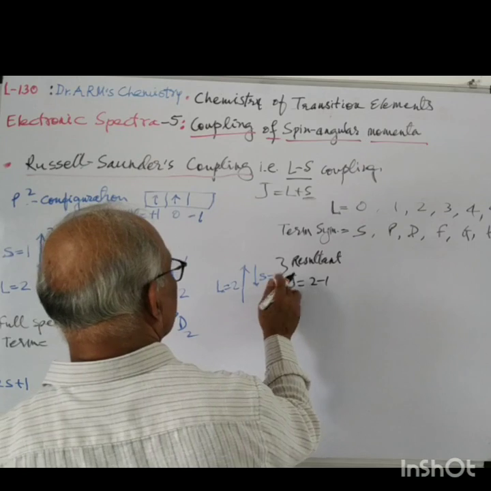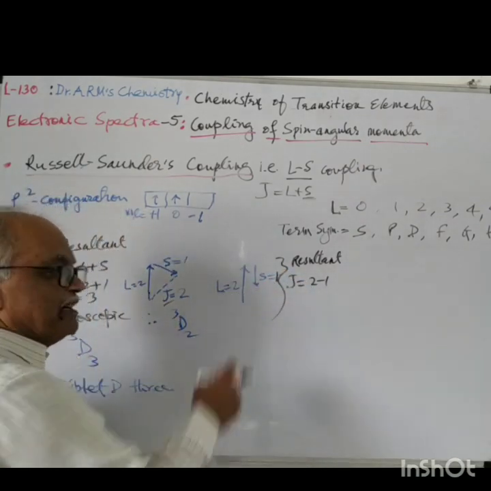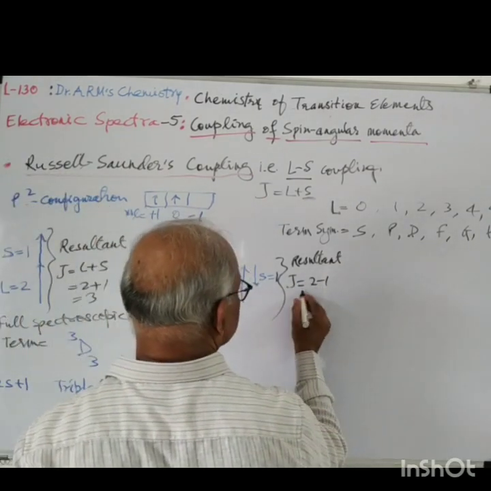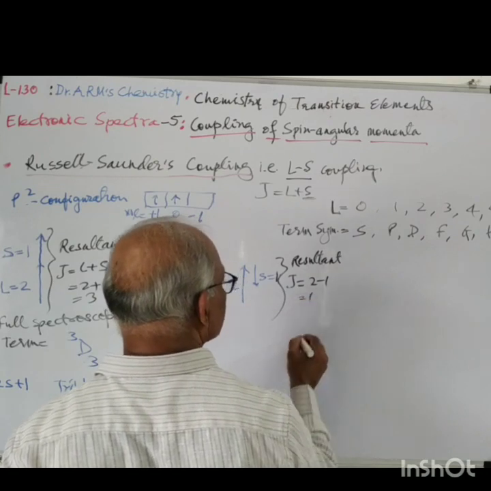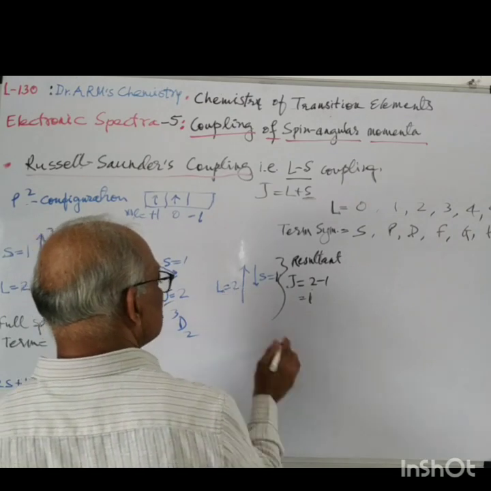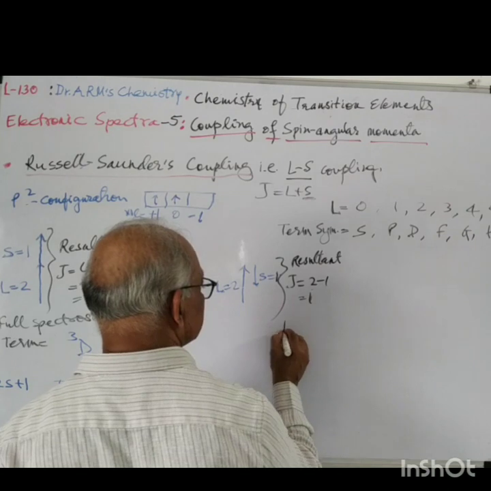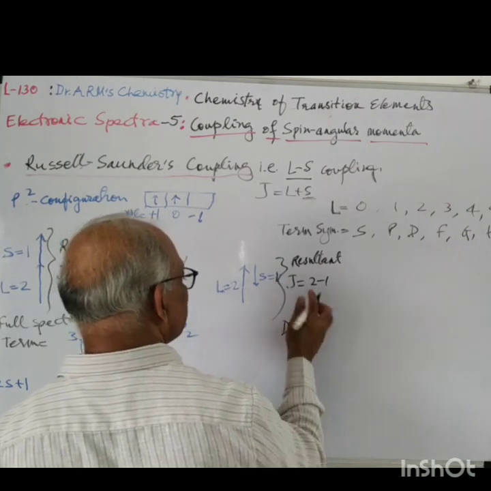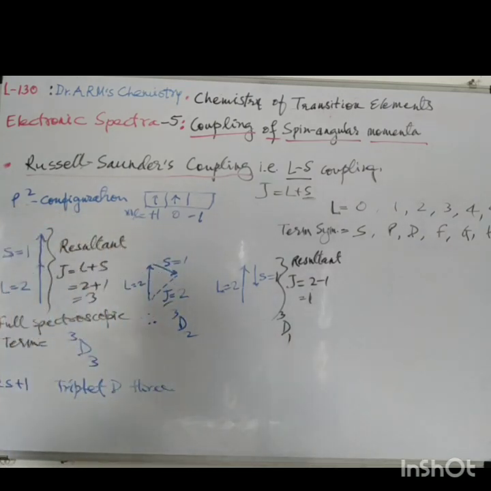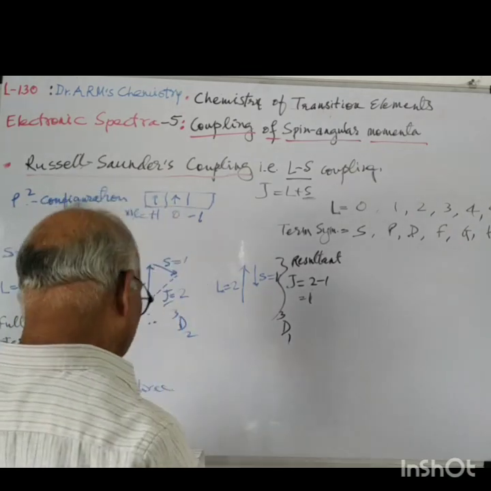Here S is 1, but it is in the opposite direction, therefore it is deducted from 2. So it gives 1. And for L is equal to 2, the term symbol is same, D. The spin multiplicity is 3, J value is 1. So we get 3D1, that is triplet D1.